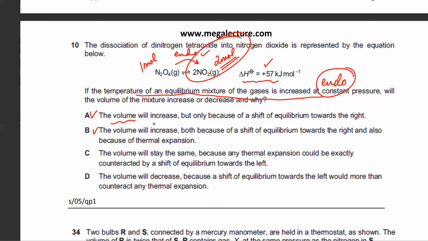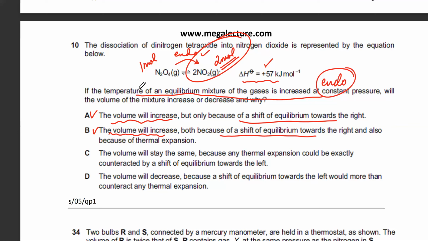So it's either A or it's B. Why will the volume increase? Because there's a shift of the equilibrium towards the right. That makes sense. The second statement says the volume will increase because there's a shift of equilibrium towards the right. So far, both statements are true. The second statement is more true because it also states that there would be thermal expansion.